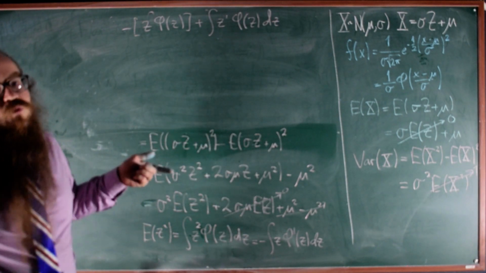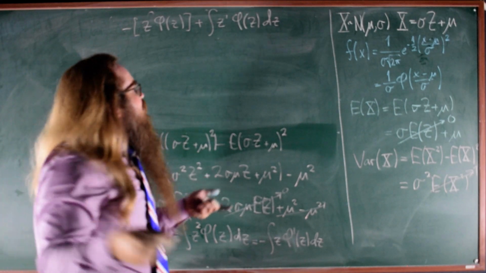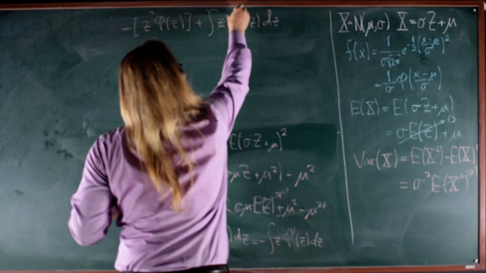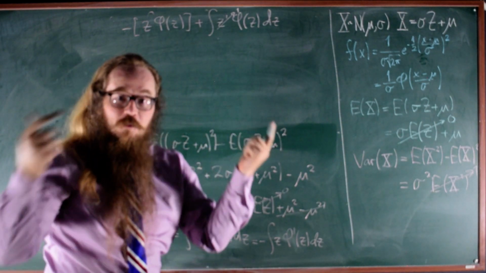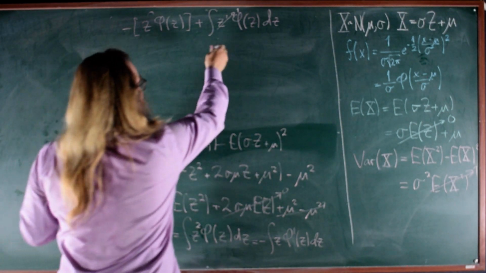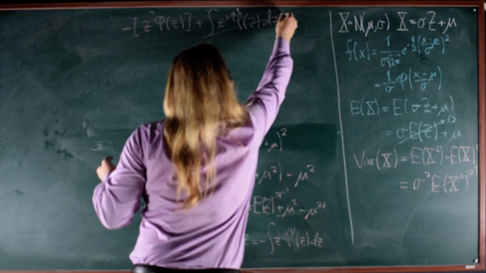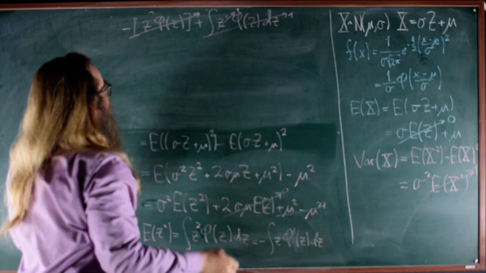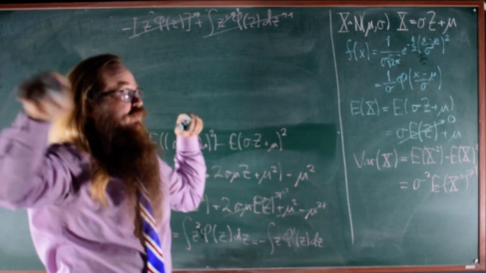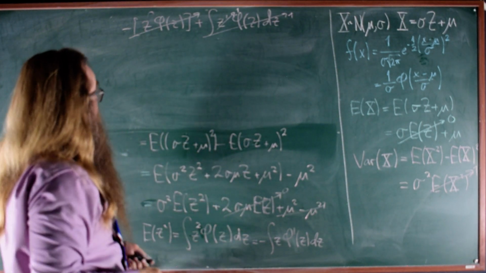All right, what happens when I differentiate z with respect to itself? Well, it's just 1. All right, and what happens when I integrate the PDF over the whole domain? Well, I just get 1. So this whole thing just becomes 1, and this thing cancels because it vanishes at both infinity and minus infinity.